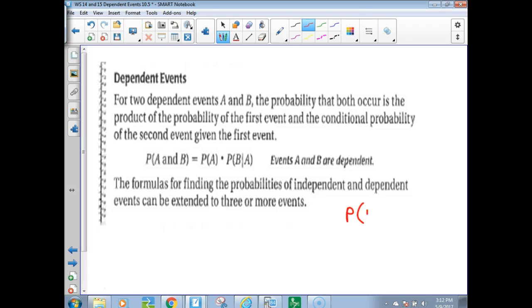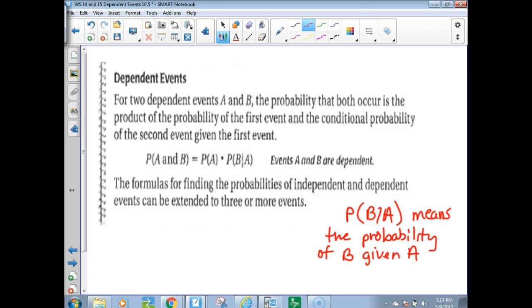When it says P of B/A, that means the probability of B given A has occurred. Given that A has already occurred.